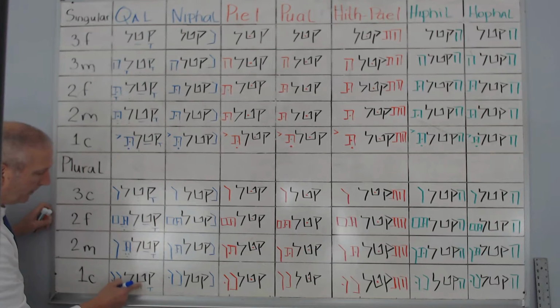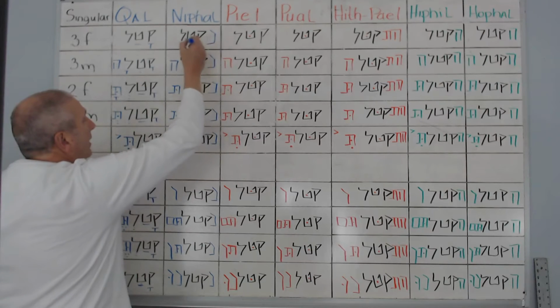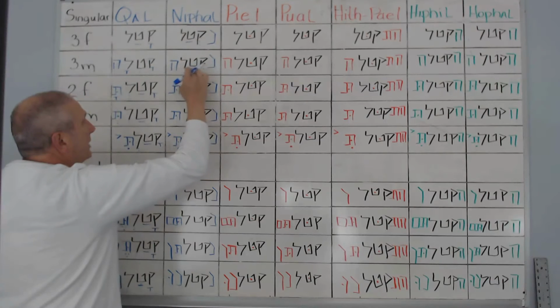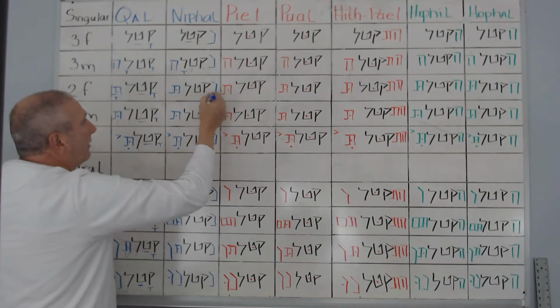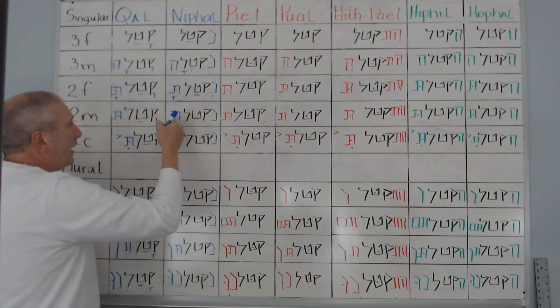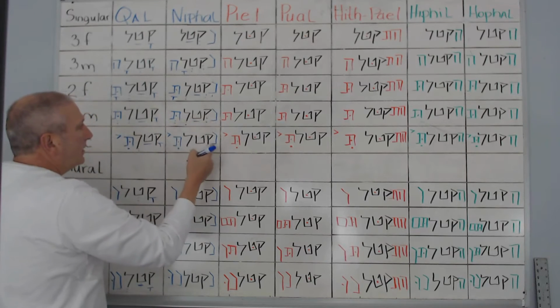Wait a minute, katalnu. There we go. Again, if you walk through it, even I have to stop when using it, because there are accent marks we'll put there. We have Niktal, Niktala, and then Niktalta, Niktalti.